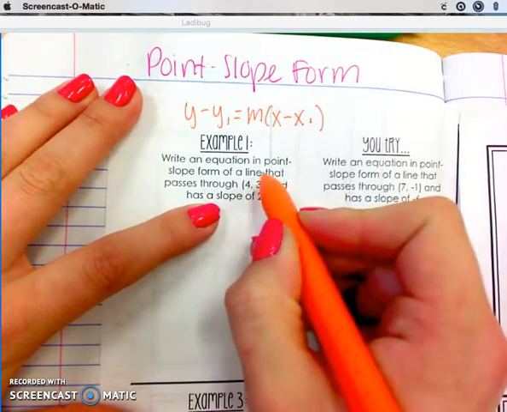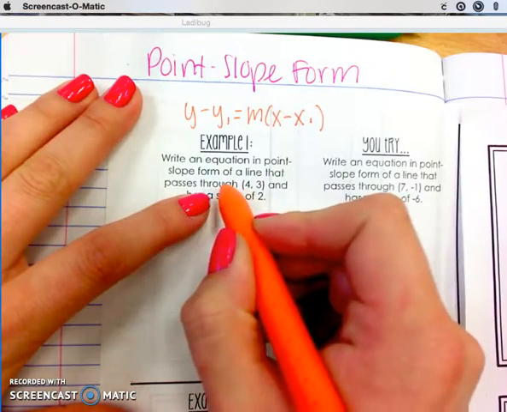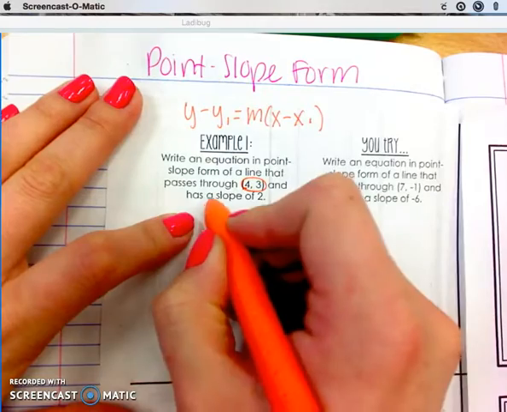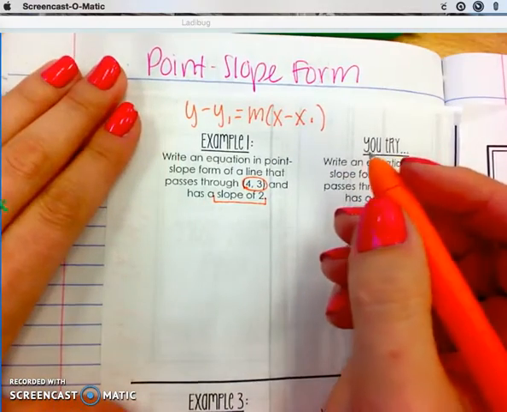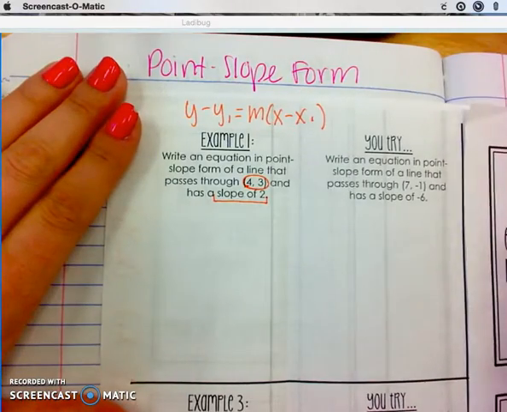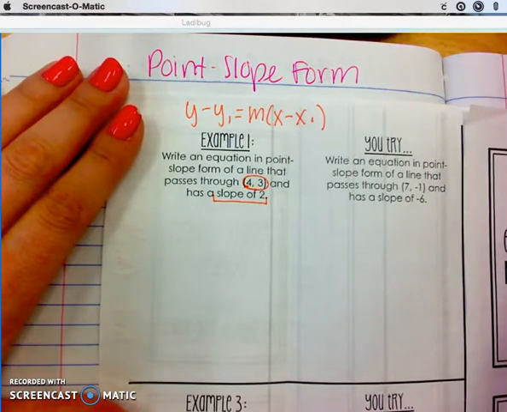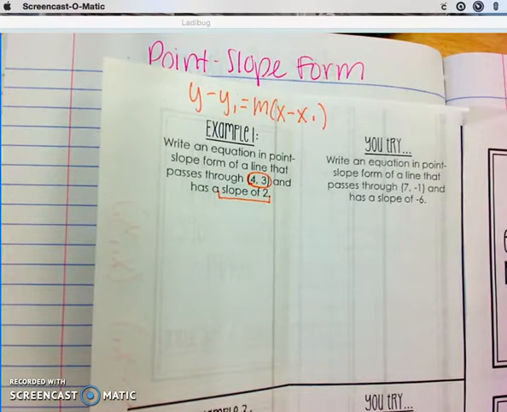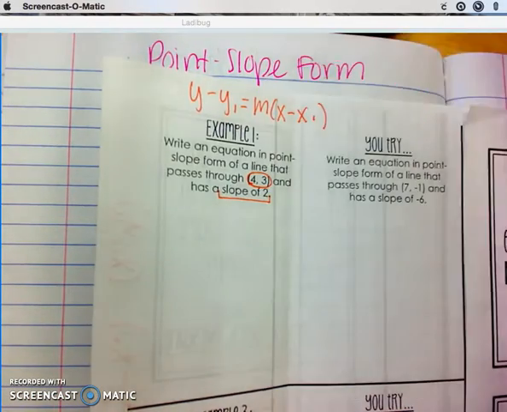Write an equation in point slope form of a line that passes through the point (4, 3) and has a slope of 2. Every time I am writing in point slope form or even slope intercept form, what it helps me to do is to label what I'm needing out of my equation.